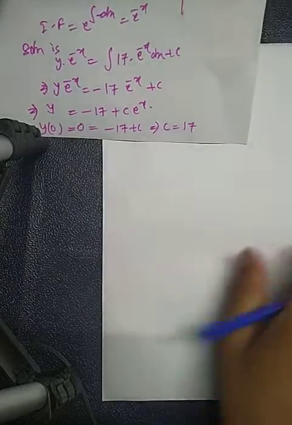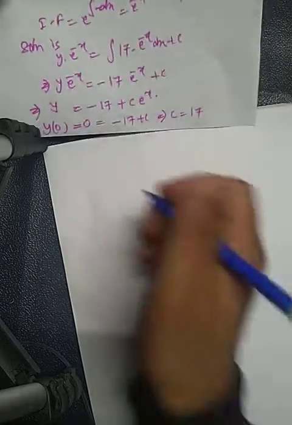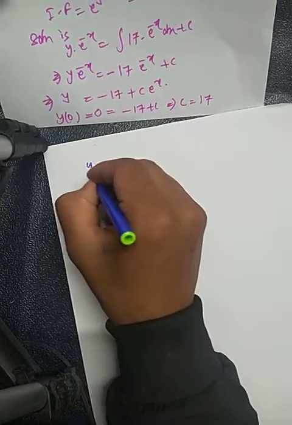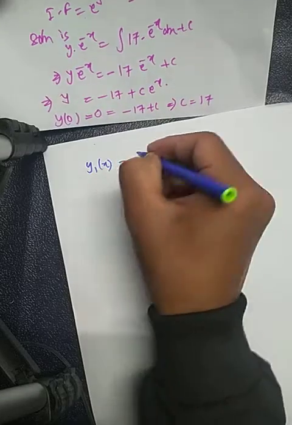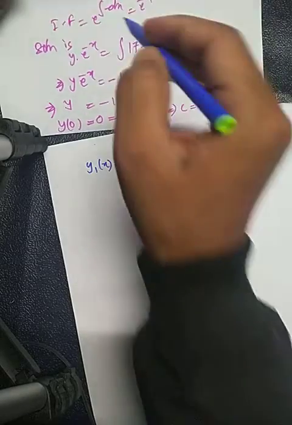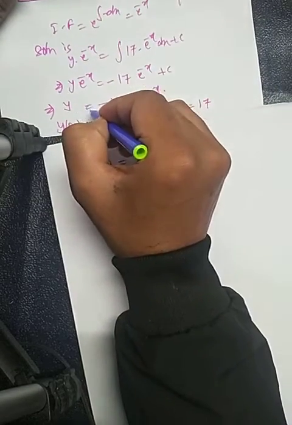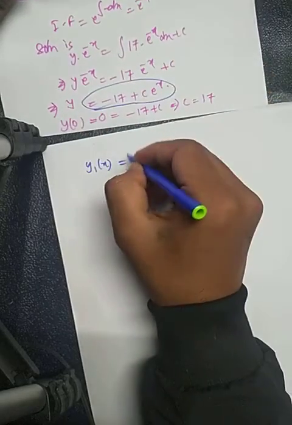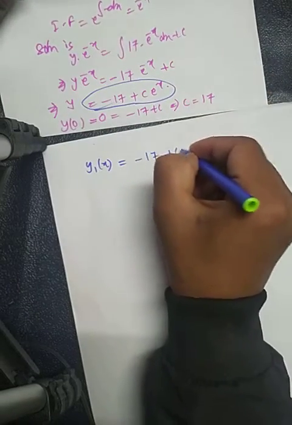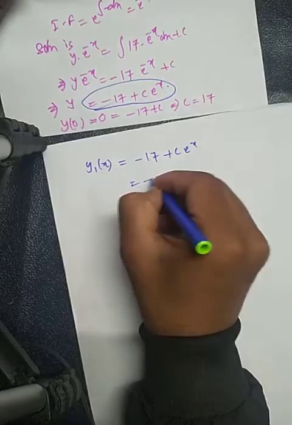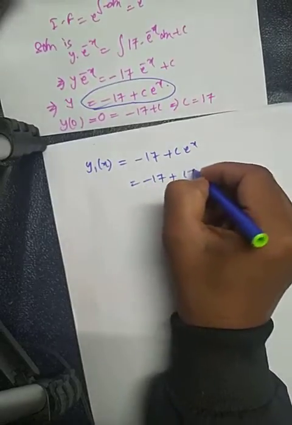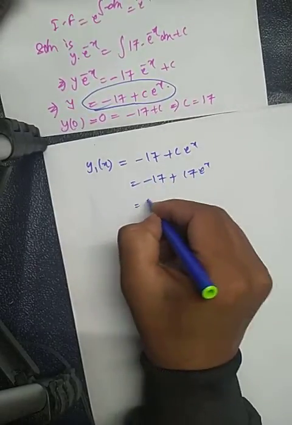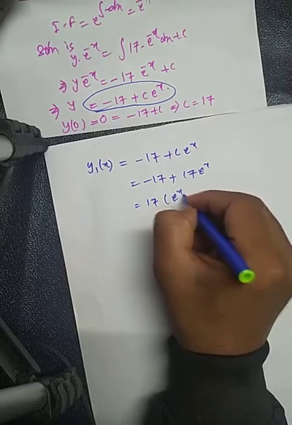So from here we can say that y1(x) is equal to minus 17 plus c e to the power x, so minus 17 plus 17 e to the power x. So it is 17 times (e to the power x minus 1).